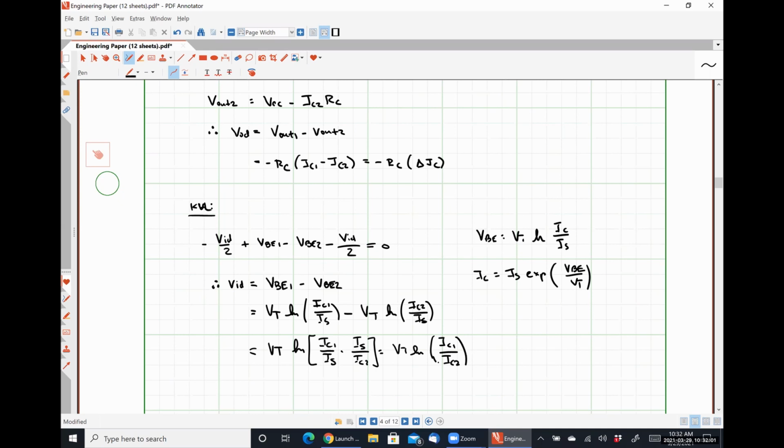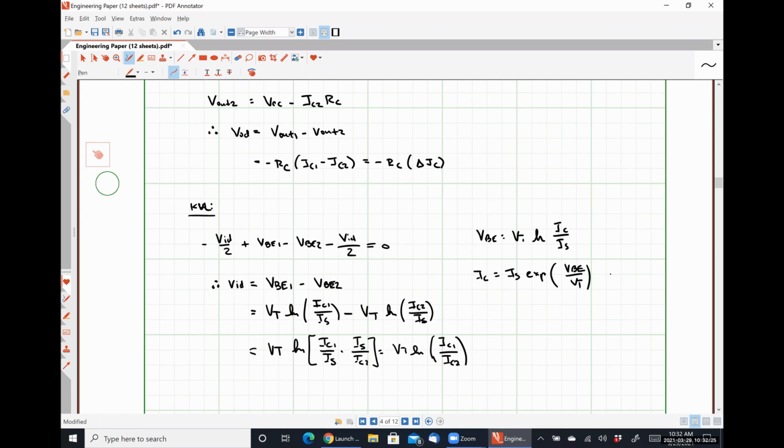So we have an equation which relates VID to IC1 and IC2. We are getting somewhere, but it's definitely not relating VID to the difference in IC1 and IC2.